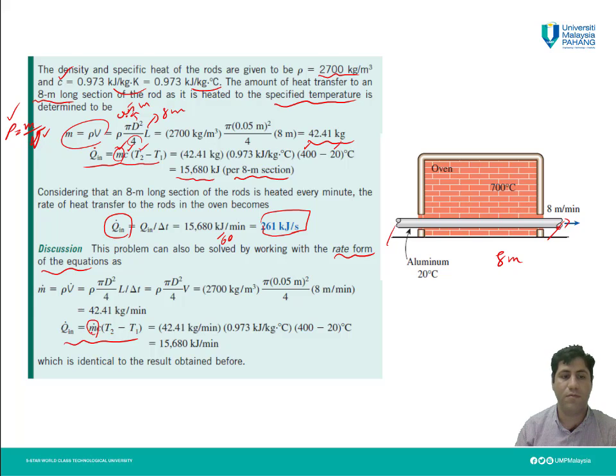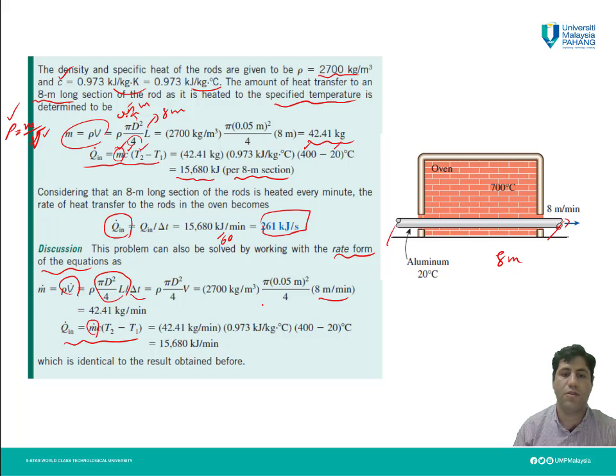To find m dot, we can write m dot equals rho V dot. V dot is V divided by delta t. We can calculate like before. Just here we divide by delta t, which here is 1 minute, or the process is 8 minutes.